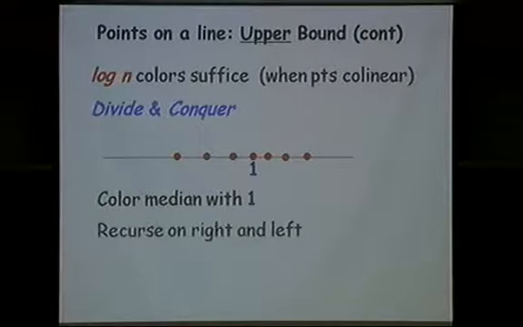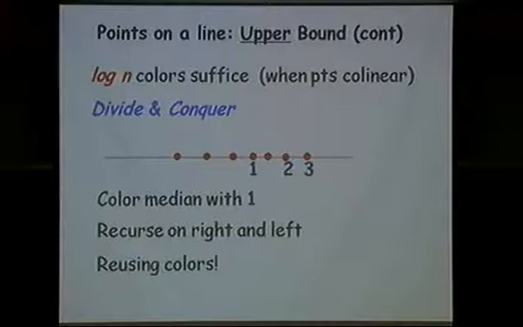So I use 1, then 2, then 3, 2, 3, and then I copy the same coloring to the left side. You can see that in this way I use only log n colors.